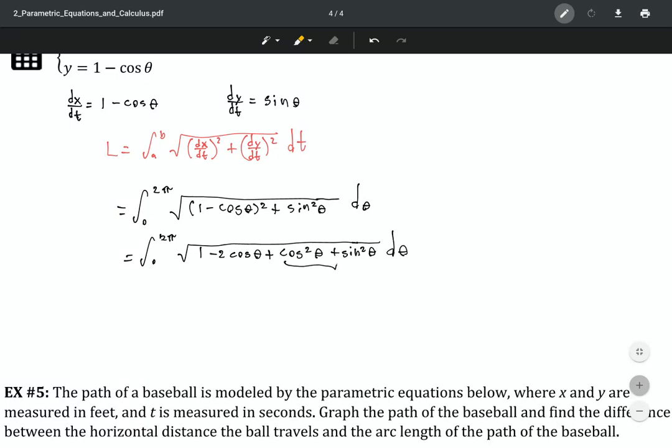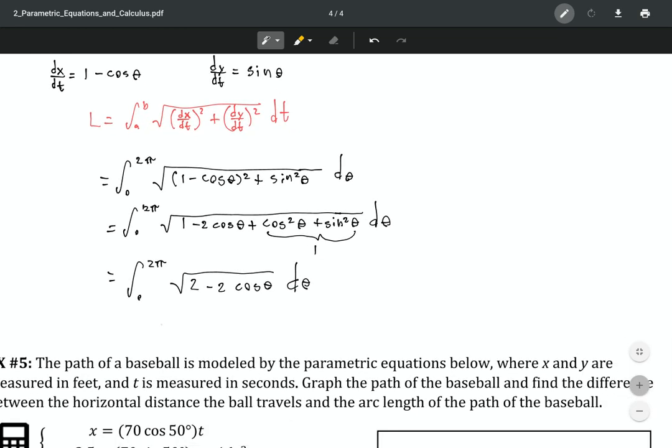This is 1. So this is going to be 2 minus 2 cosine of theta. I kind of overdid this. It's way too big. And now you can plug that in your calculator, and you're going to get 8.